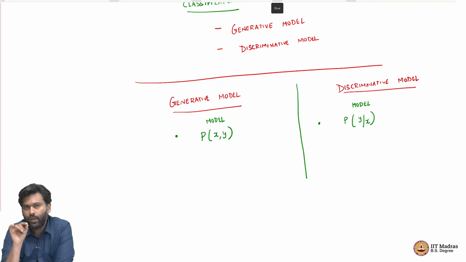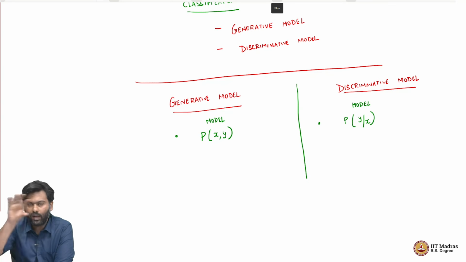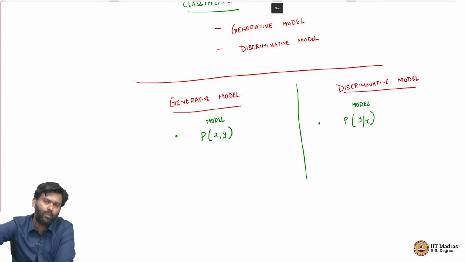I am only specifying how to make a prediction of y if x is given. So, essentially we are doing discriminative modeling in nearest neighbor. The same thing in decision tree as well. I do not model how x is generated. I do not have any distributional assumption as to how the data features are generated, but I make the assumption that, if a feature is given, then traversing through the decision tree would give me the label.